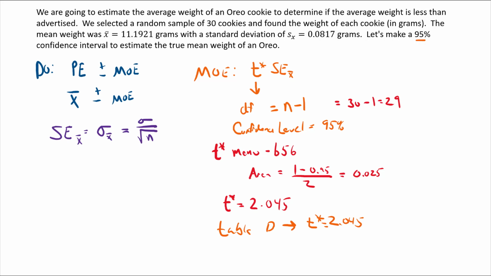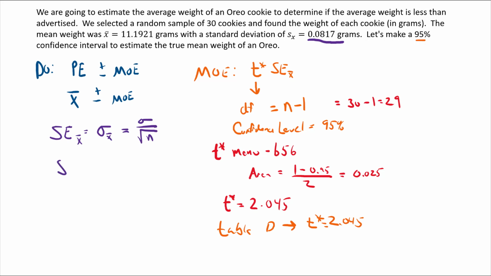So for this, they said our standard deviation for the overall setup was 0.0817, okay? And then we're going to divide that by the square root of 30.